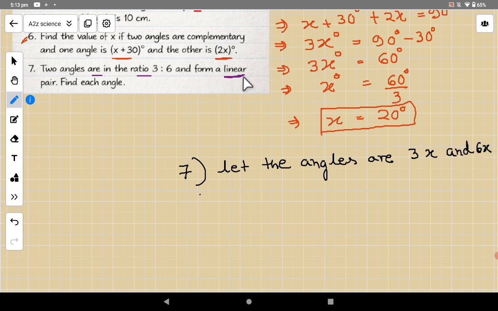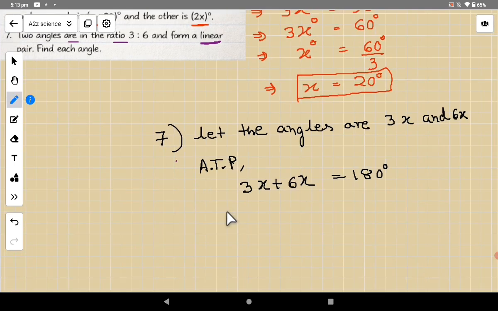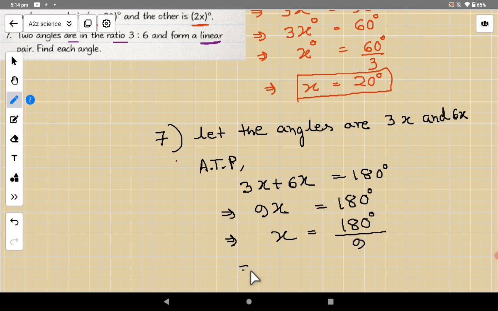As they form a linear pair, according to the problem, 3x plus 6x will be, in case of a linear pair, 180 degrees. So 6x plus 3x will be 9x equals 180 degrees. So we have the value of x as 180 degrees divided by 9. So x equals 20 degrees.